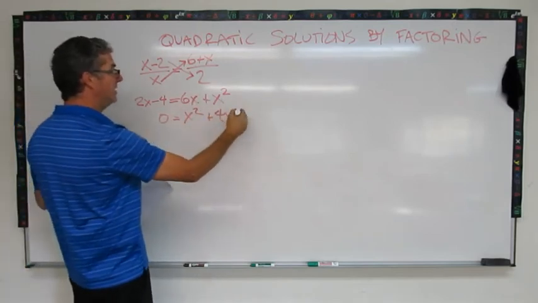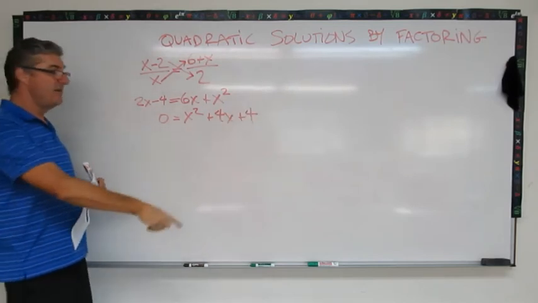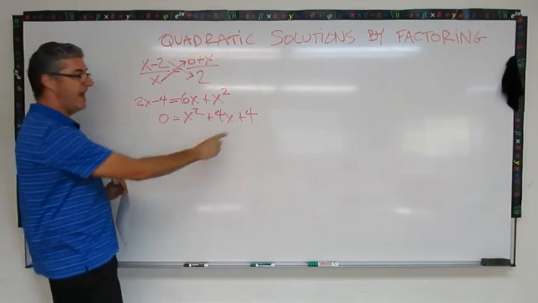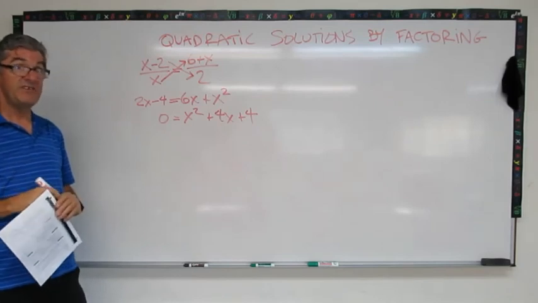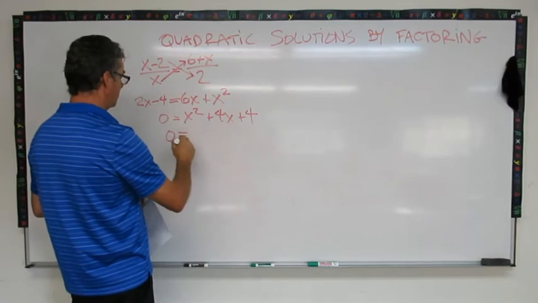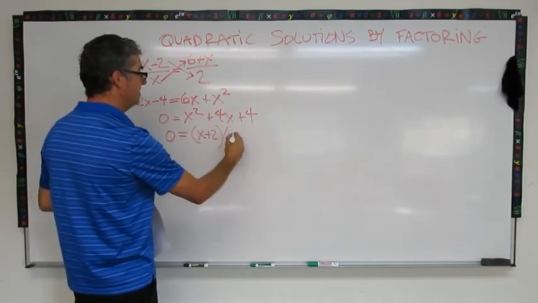Add the 4 gives me plus 4. Okay? So now, no coefficient on x, don't need to split the middle term. Two numbers that add to 4 and multiply to 4. That's super simple. That's just 2. So now I'm going to get 0 equals x plus 2 times x plus 2.